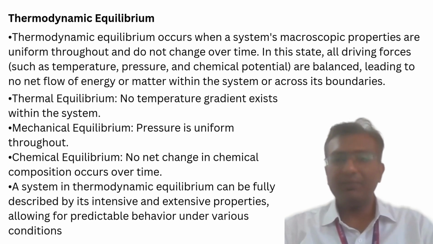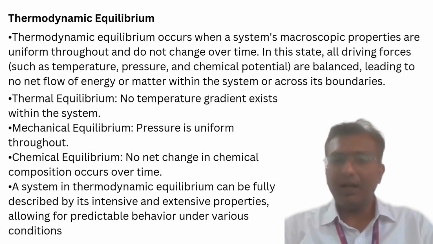If the temperature, pressure, and chemical composition of the gas are uniform throughout the container, and these properties don't change over time, then we can confidently say that the gas is in thermodynamic equilibrium. We can then apply thermodynamic principles to understand and predict its behavior.